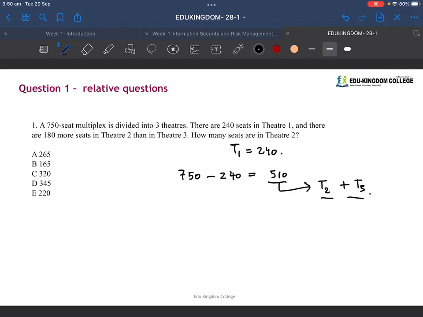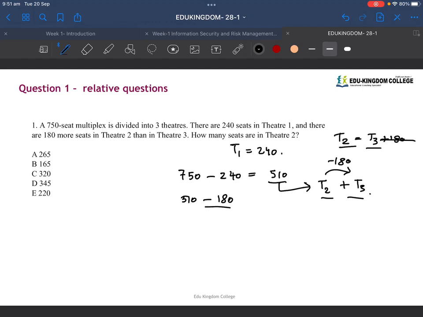So the one way we can do this is 510 minus 180. Because if you think about it, the difference between these two is 180, right? If T2 equals T3 plus 180, if I subtract this 180 from 510, it actually means that T2 and T3 for the moment have equal amount of seats, right?